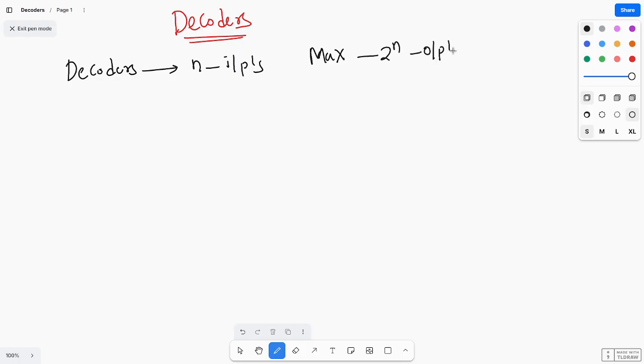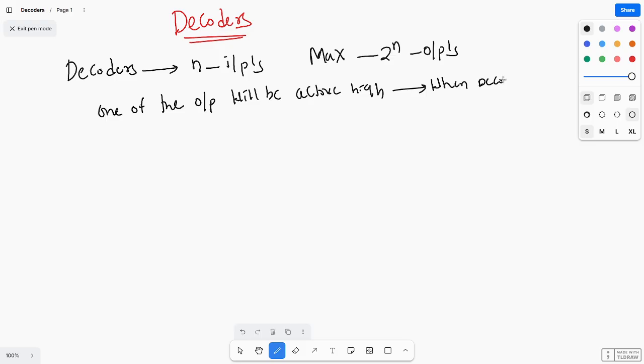At a time, one of these outputs will be active high, when the decoder is enabled.